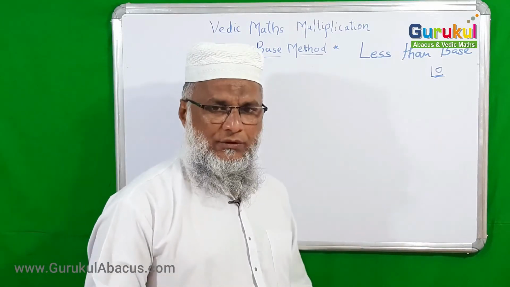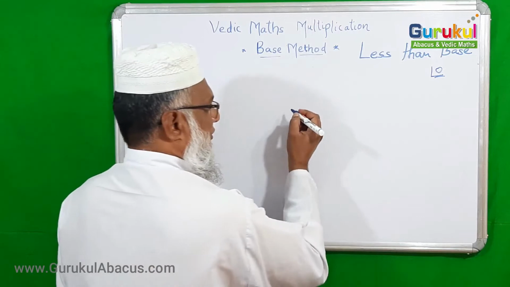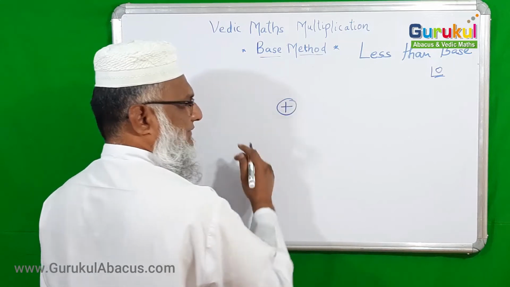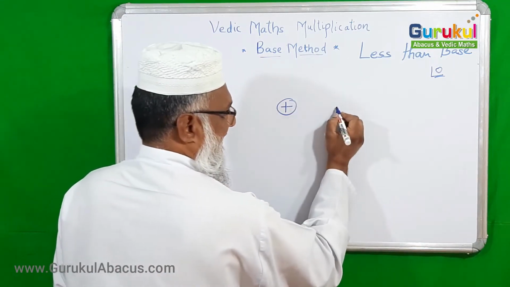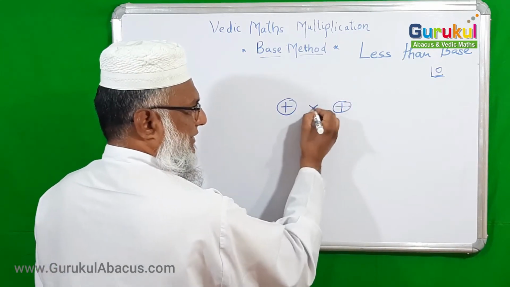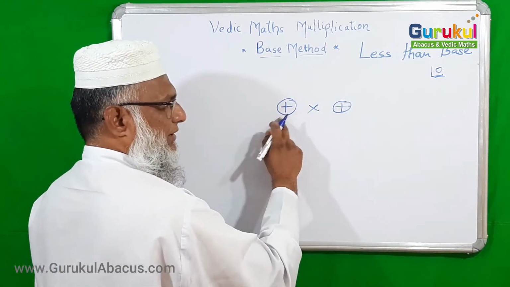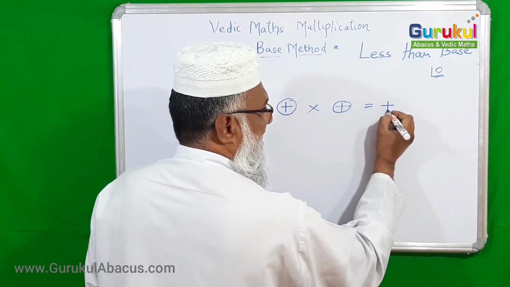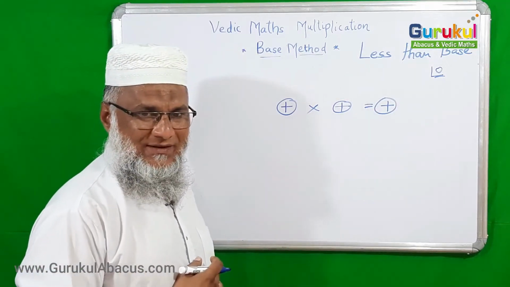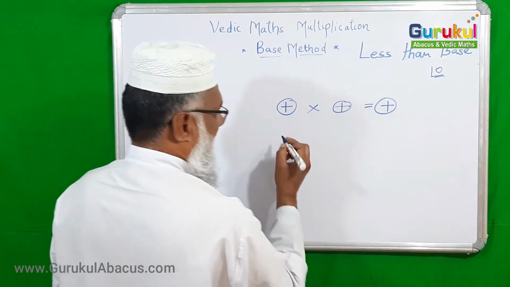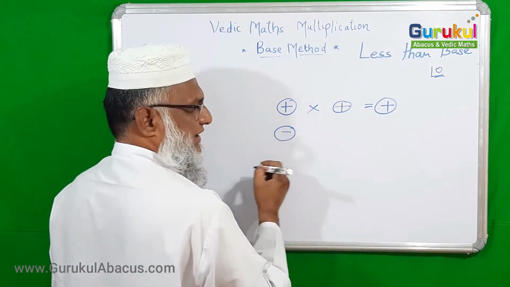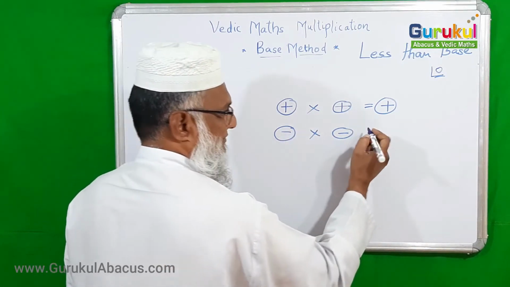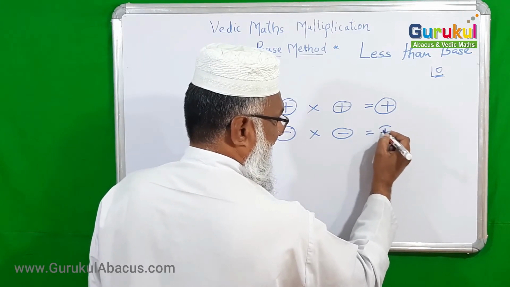Now one rule I want to tell you that you maybe know definitely. Suppose we are multiplying numbers and the first number is positive, plus, and the second number is positive. A positive number multiplied by a positive number, plus multiplied by plus, we know the answer sign would definitely be plus. With same signs in multiplication the answer is plus. Suppose the first number is negative and the second number is negative, and we are multiplying; they both have the same sign, so the answer sign would be plus.